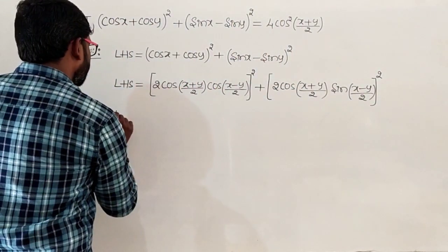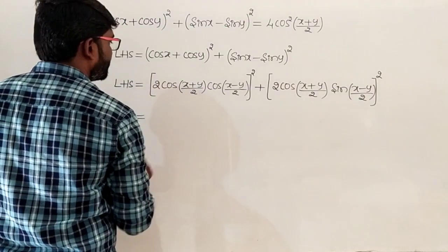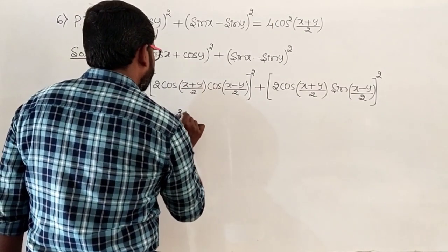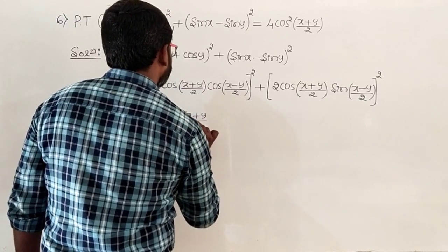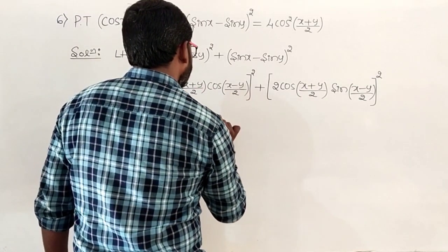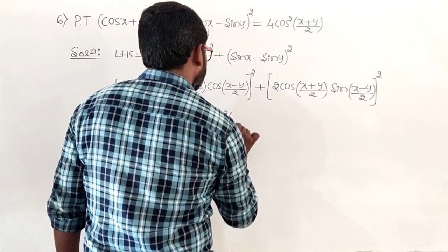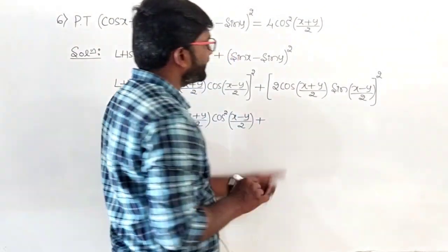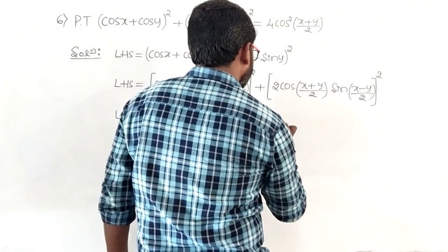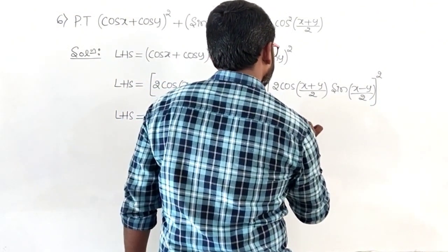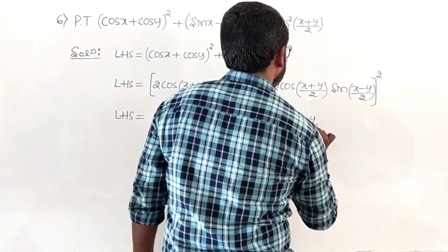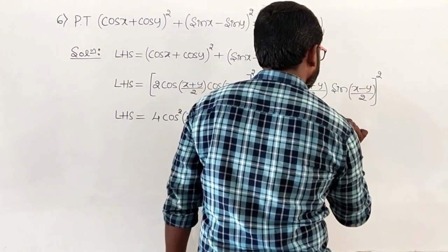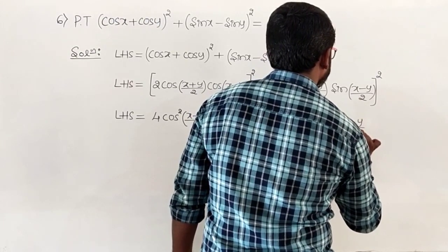Let us do that now. LHS equals, 2 square will be 4 cos square of (x plus y) divided by 2, then into cos square of (x minus y) divided by 2, then plus here again 2 square will be 4, so 4 cos square of (x plus y) divided by 2, then sin square of (x minus y) divided by 2.